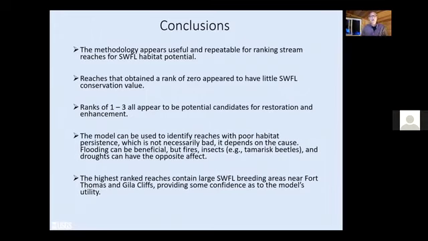Okay, so we think that the model appears to do a good job of pulling out the poor habitat reaches and areas with low persistence of habitat. And we want to emphasize that that's not necessarily bad for that predictor, because flycatchers like flooding, they like heterogeneity.